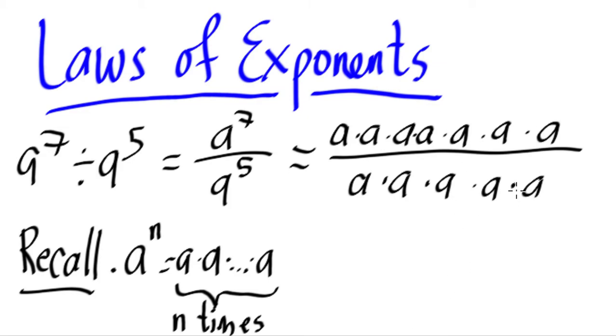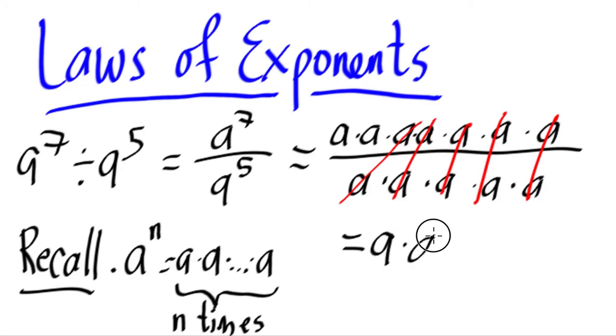We could actually divide terms here. So for example, we can divide things like this, since they are factors already, and we can cancel out. So what is left here? This is actually equal to, as you can see, we are left with a times a all over 1 in the denominator. So it can be simply written as a times a, and a times a can be written furthermore as a squared.